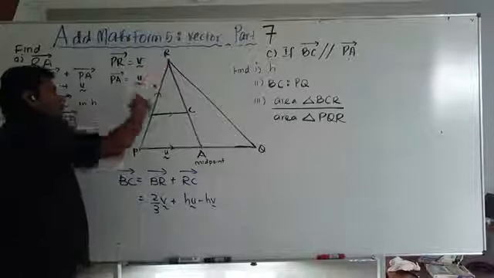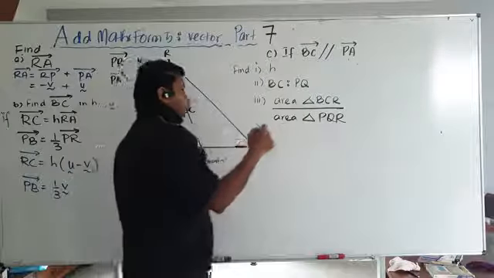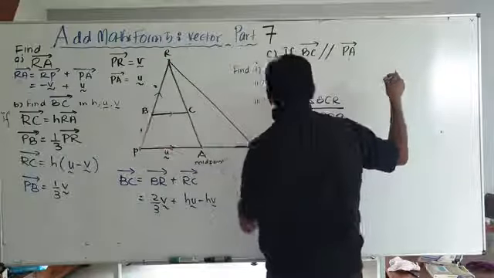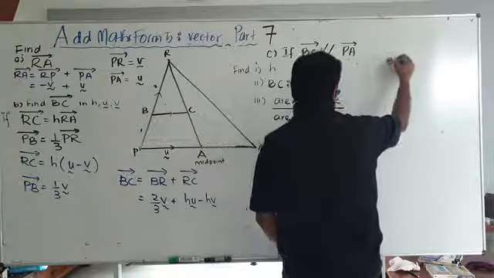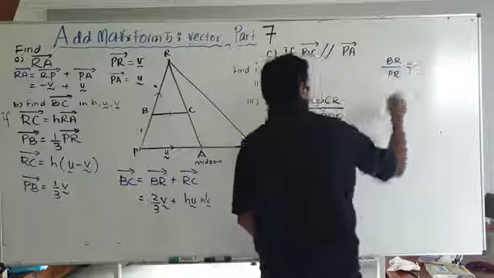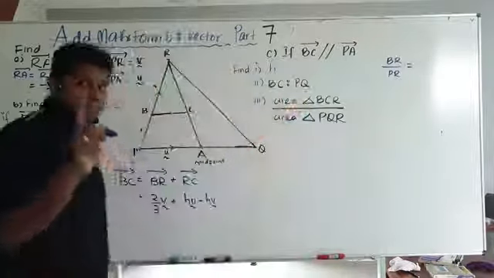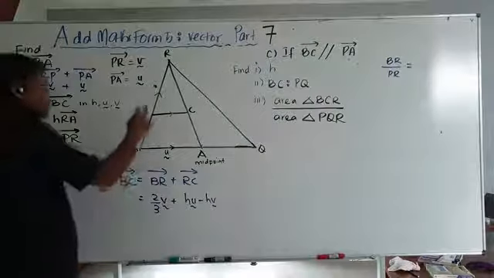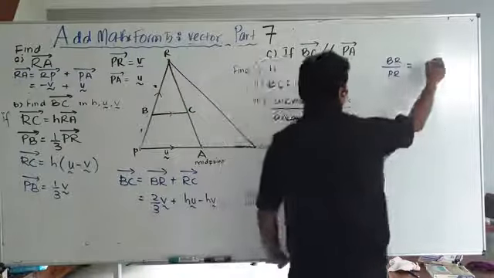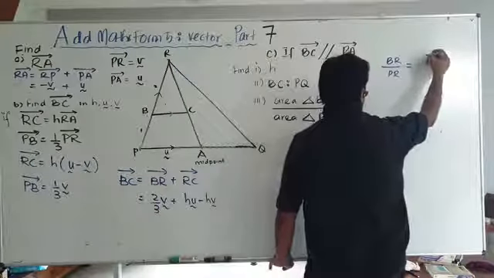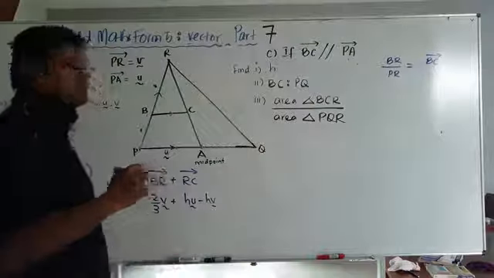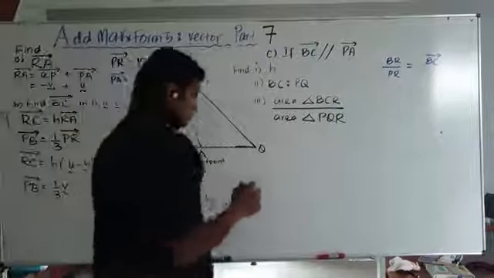So what's our ratio? This is the ratio of length, all right? So BR over PR. We're talking ratio, I'm not using vector. It must be the same as this ratio, BC over PA.